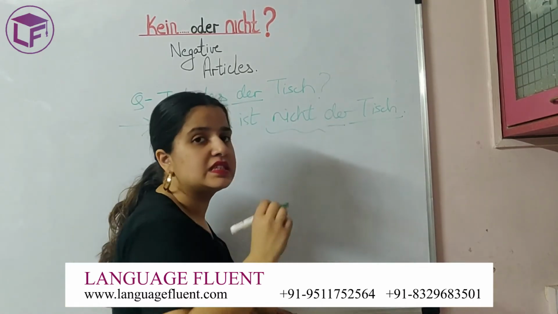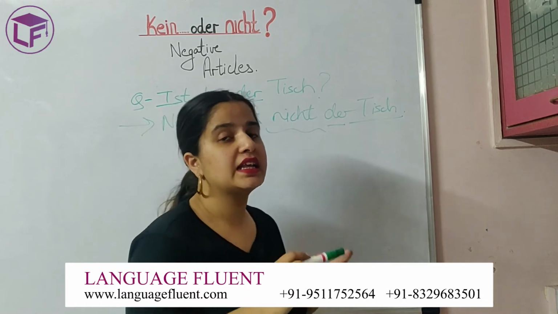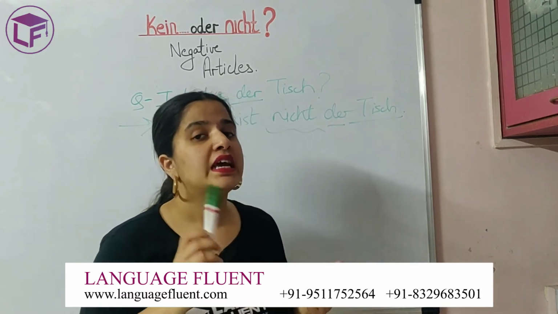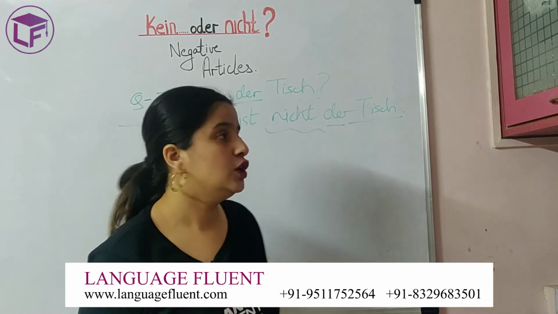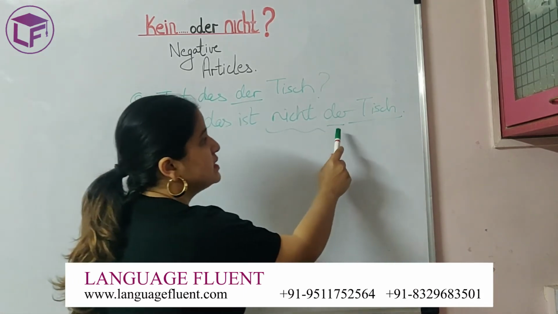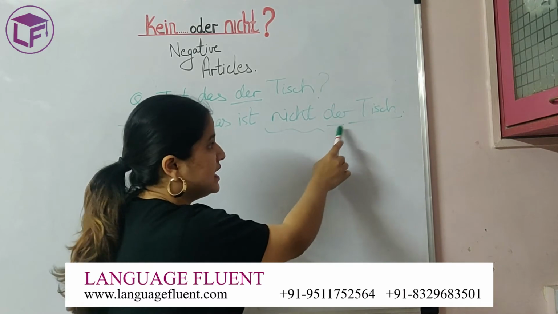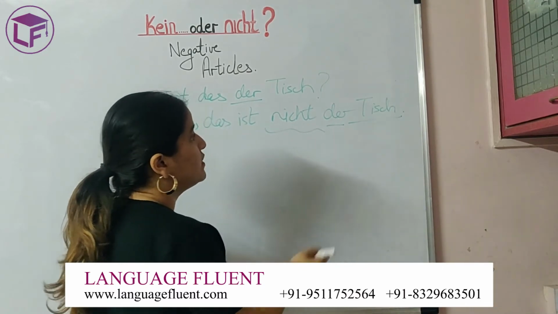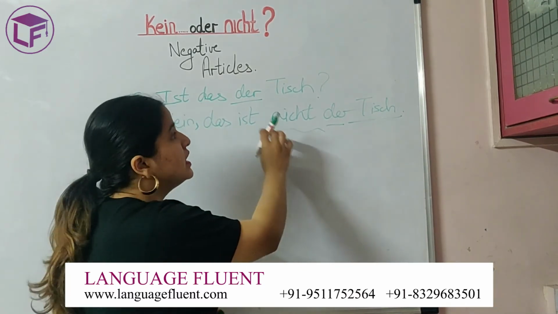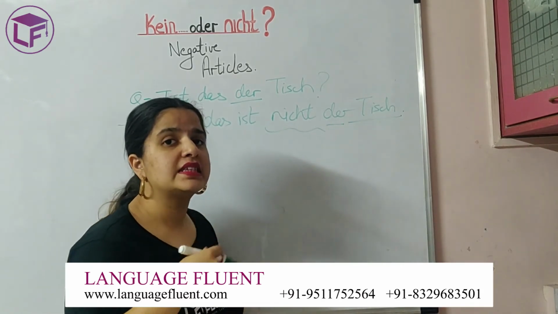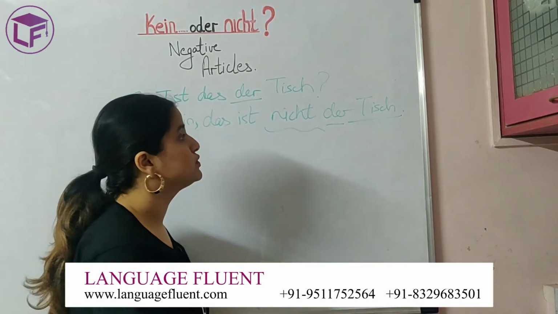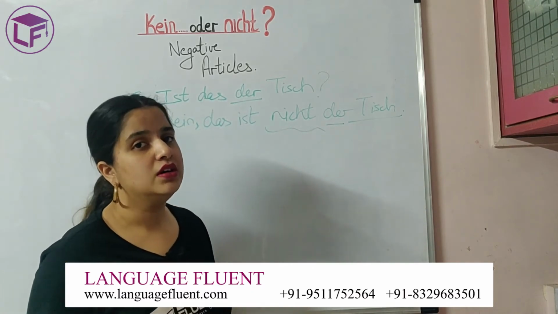So this tells us that we have to use kein only when there is an indefinite article, unbestimmt article, or there is no article. Here there is a bestimmt article, der, Tisch, masculine. So we have used nicht and not kein. Instead of der, when there is an indefinite article, we are supposed to use kein, keine or kein.